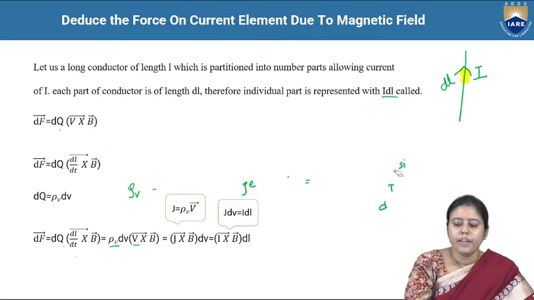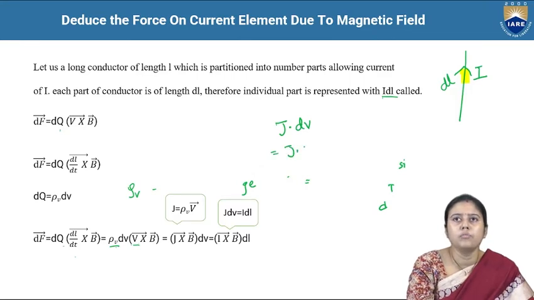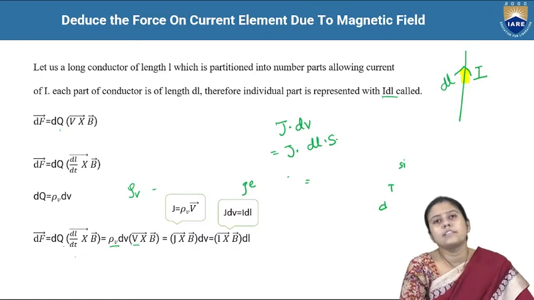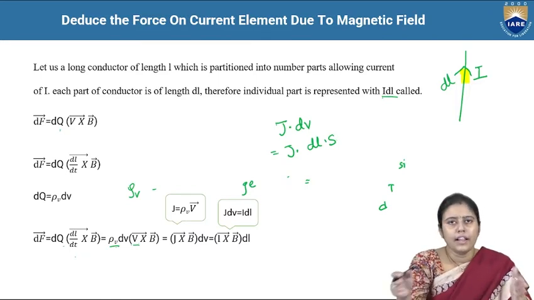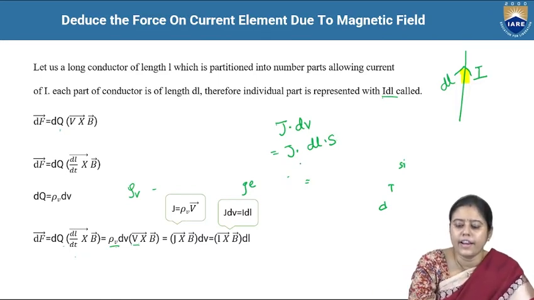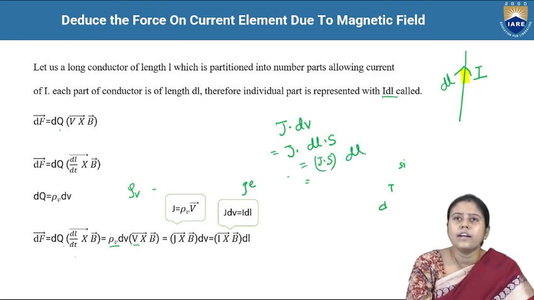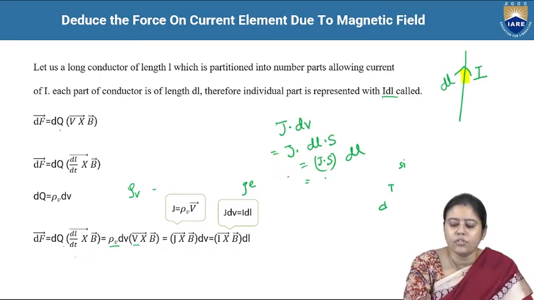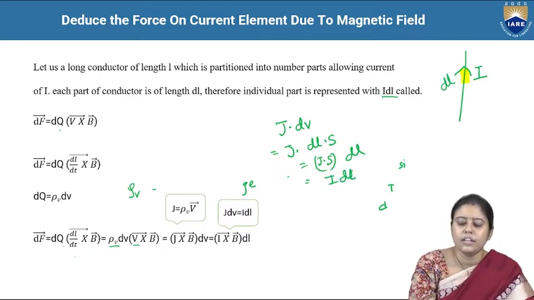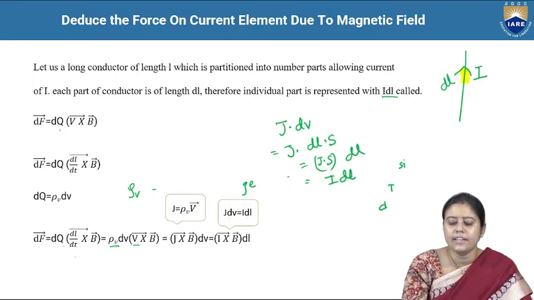We know J into dv. dv means volume. What is the meaning of volume? The length into the surface area. So J into dS into dl. And what is J into dS? Current density into surface area is equal to total current, so we can write I dl.